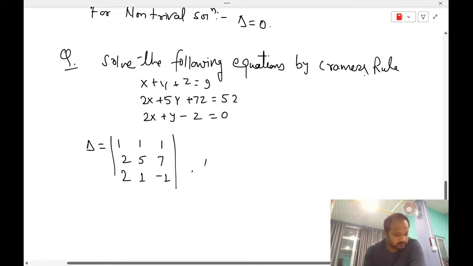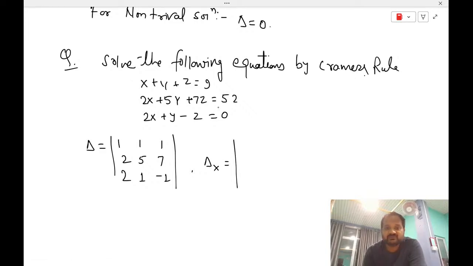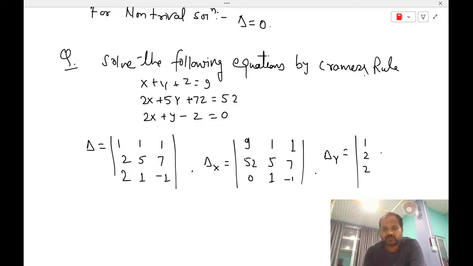Now delta x can be written by replacing the x coefficients with the constant quantities 9, 52, 0, and the remaining will be the same: 1, 1, 5, 7, 1, minus 1. Now we will write delta y. Delta y can be written as 1, 2, 2, and b1, b2, b3 replaced with the constants 9, 52, and 0, and 1, 7, minus 1.